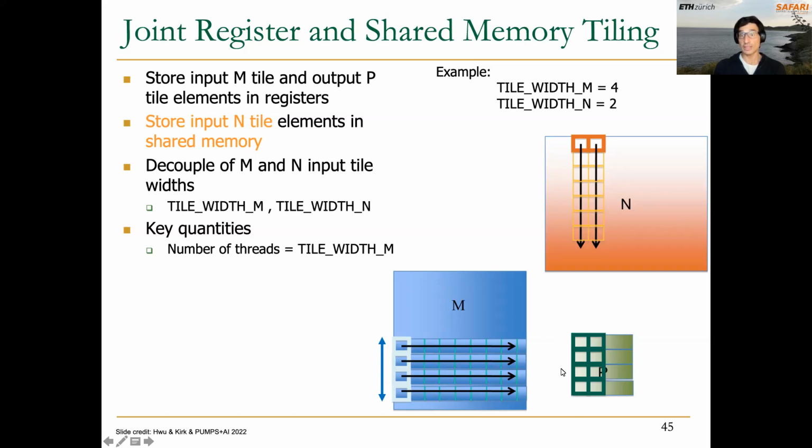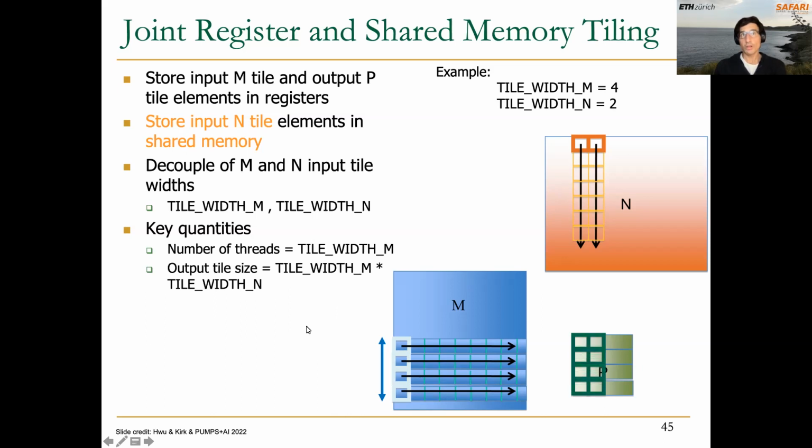So the output tile has 8 elements. We are going to use a thread block of only 4 threads. And the way that we assign these threads is 1 thread per each of these rows of the tile of P. So thread 0 starts computing here, thread 1 starts computing here, thread 2 starts computing here.